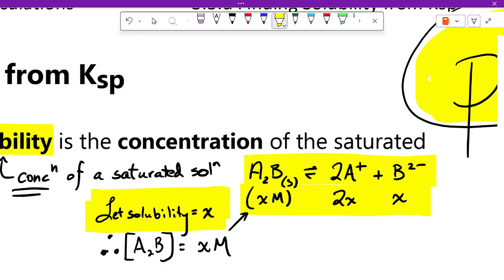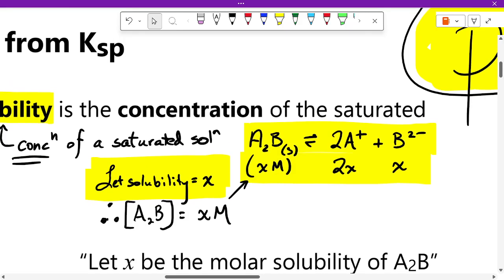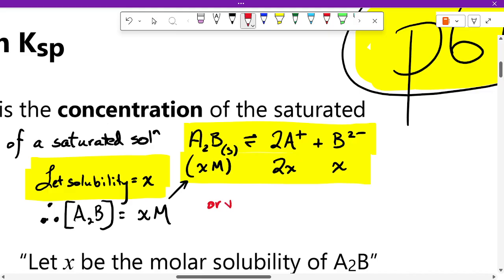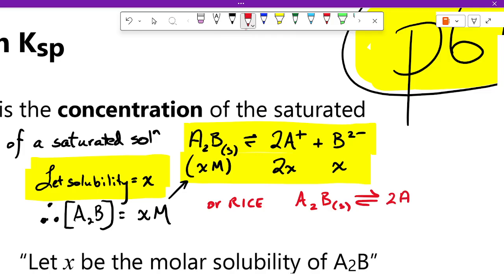Yeah, you could write this as a rice table if you prefer, but you can just do it in one line. So if you wanted to do this, okay, we have A2B solid, 2A plus B 2 minus, I C E. That's a solid, so we just leave it out.